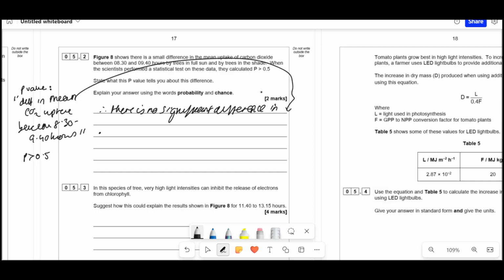They've told you the p-value is higher than 0.5. Therefore, it's the probability of this difference, the difference in mean CO2 uptake, being due to chance is greater than 0.5, or in this case, 0.5 is pretty rough actually, 50%.